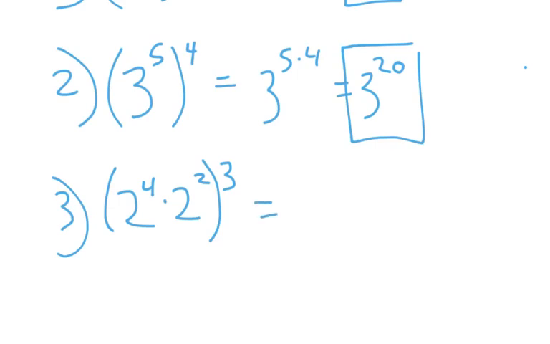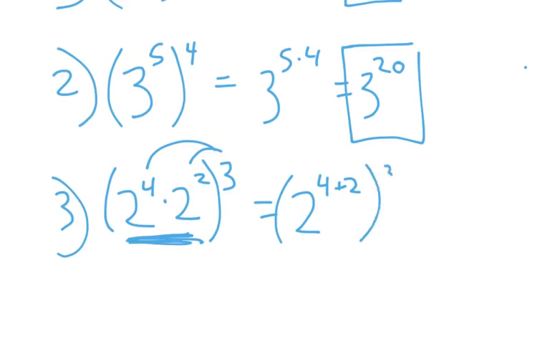So here, we've got a couple of options. We could either distribute this in or do order of operations and address what's going on with the parentheses. So that's what I'm going to do. I'm going to use order of operations. 2 to the 4th plus 2, because that's the rule I use. And then that gives me 2 to the 6th, all that raised to the 3rd, which would equal 2 to the 18th.